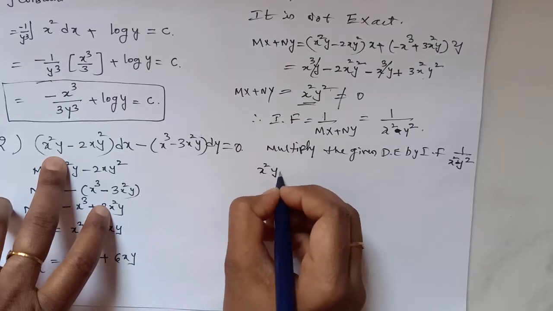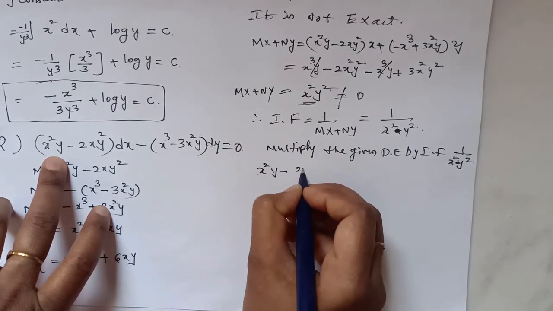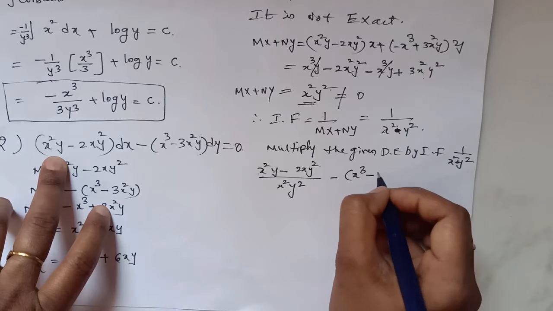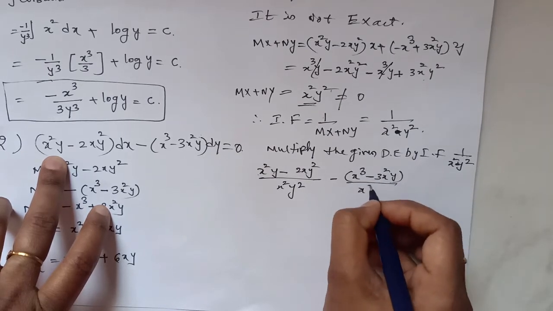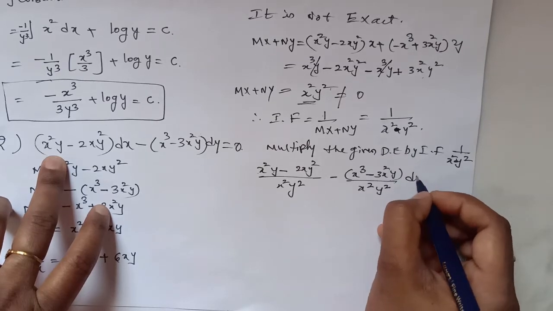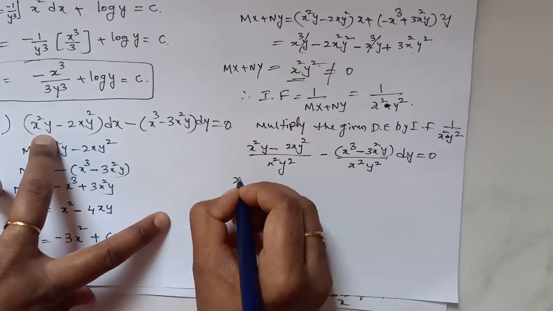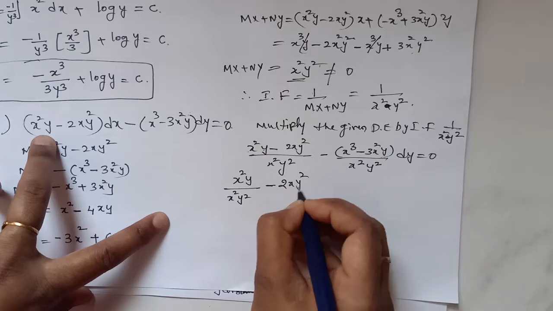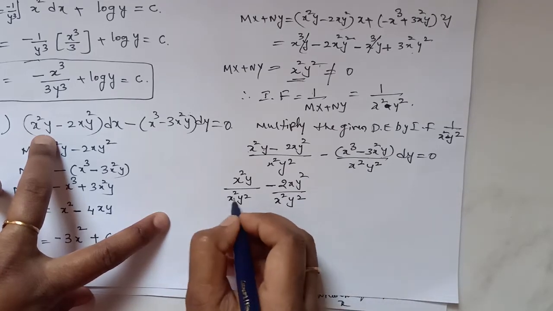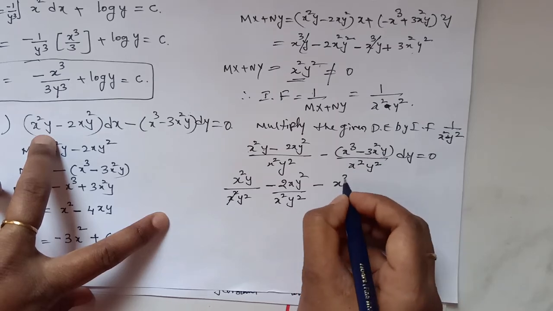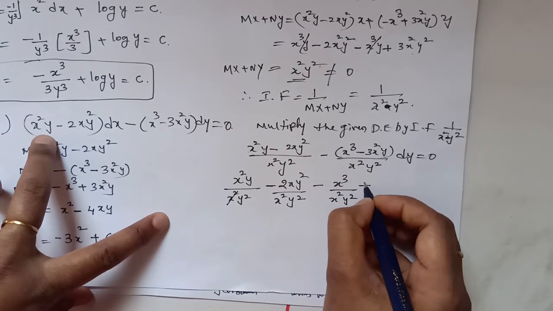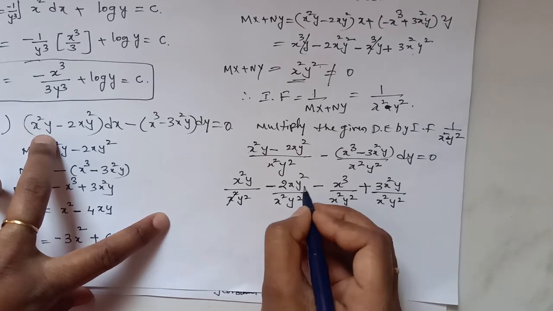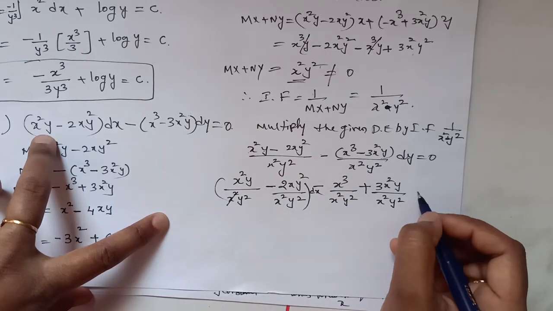We get x square y by x square y square minus 2xy square by x square y square into dx minus of x cube minus 3x square y by x square y square into dy is equal to 0.